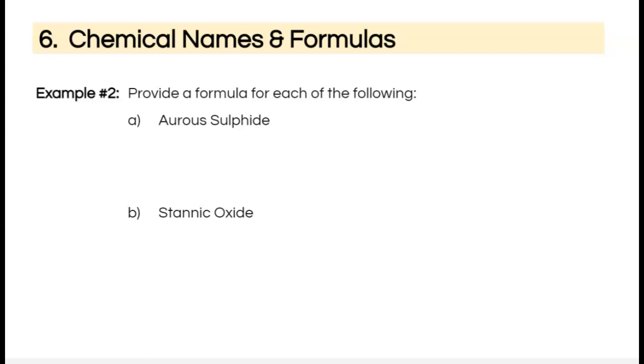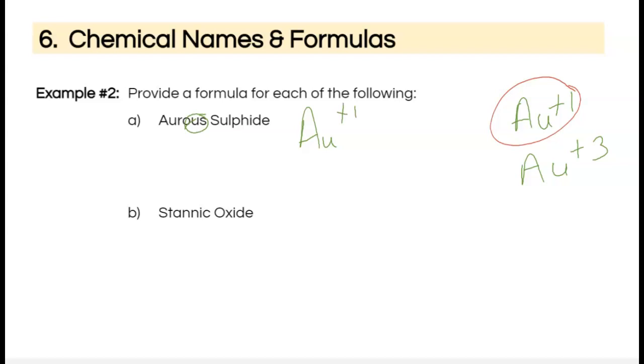So Au means I'm talking about gold. Gold can have a +1 charge, and gold can have a +3 charge. Now that OUS ending over here that I'm seeing is telling me that I have my gold with the lower of the two charges. So I'm going to go ahead and do my crossover rule with that. So I have Au, the +1 charge, and sulfur with a -2 charge.